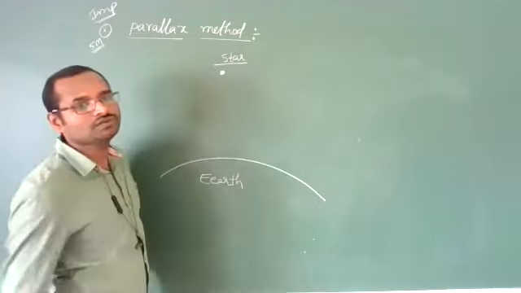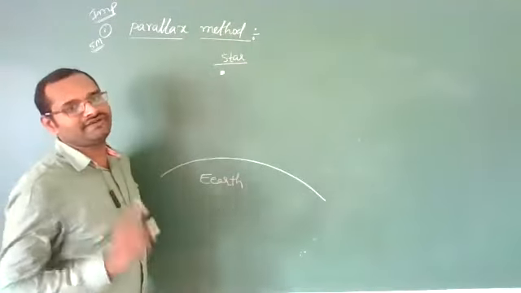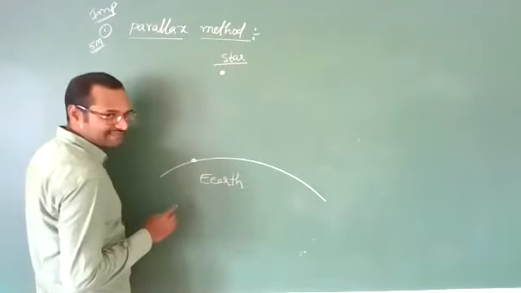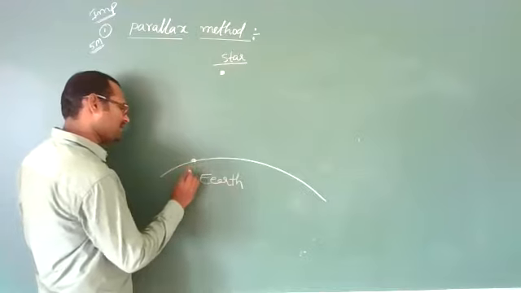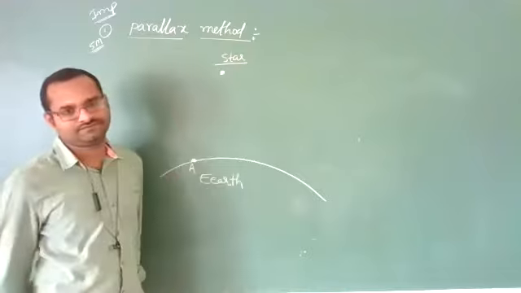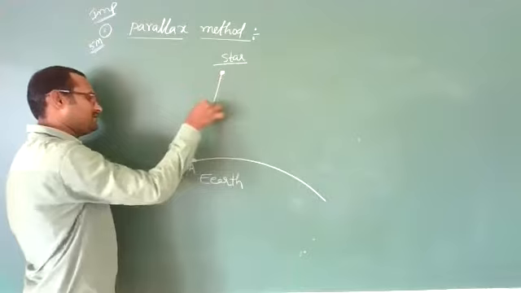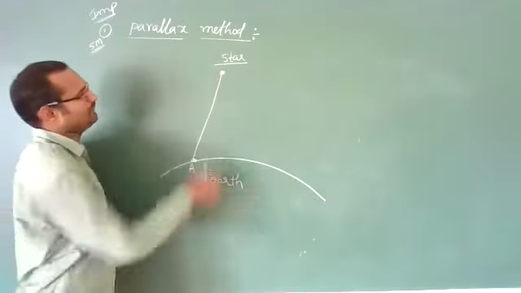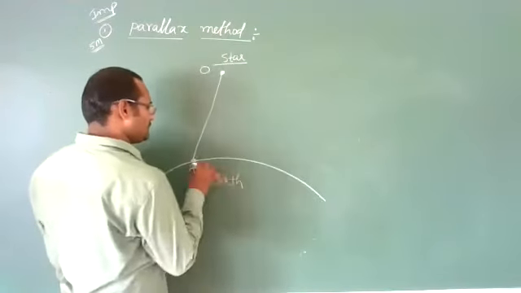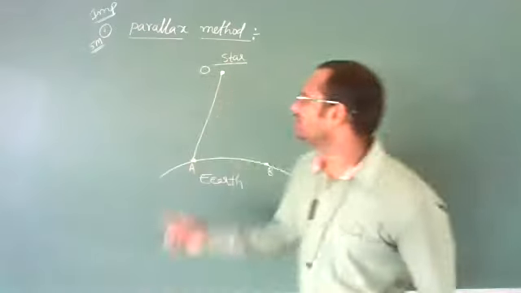Now, what do we have to do? This star we should observe from two different places. This is one place where I am standing, and I am calling this point A. From here I am observing it. Now let us draw a line here. You call this O, the object, the star. Now you go somewhere else, to point B, and again observe that star.